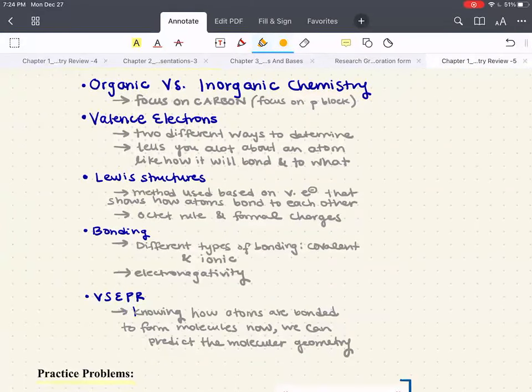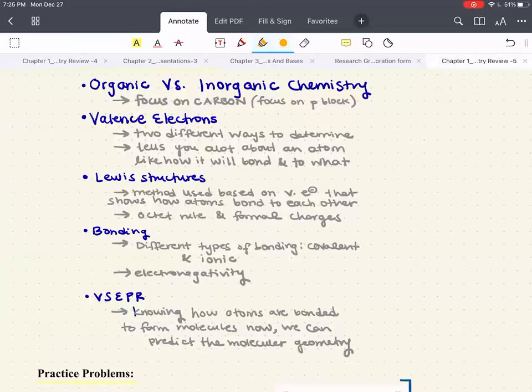And we took all that information and we also learned how to draw the Lewis structure of an atom and then for molecules. And we learned the different kinds of bonding that can form between atoms: ionic, polar covalent and nonpolar covalent. And we learned that the variable that we use to distinguish between what kind of bonding is occurring between 2 atoms is electronegativity, and the differences between electronegativity of the 2 atoms that are participating in a bond.